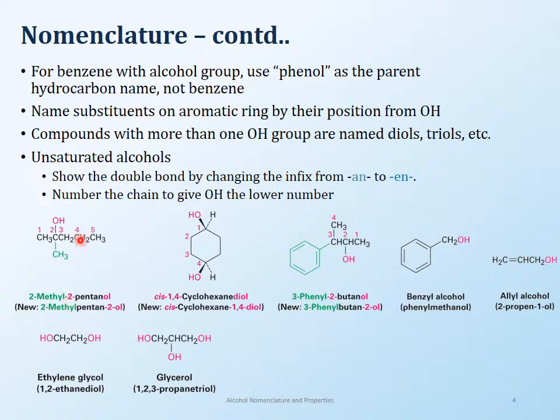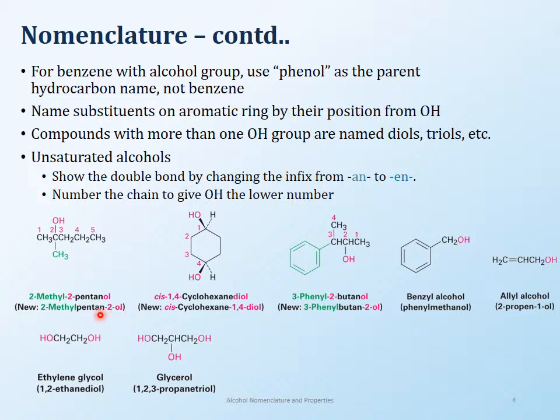So here is another molecule, a small one. It's not too complicated. So we have 1, 2, 3, 4, 5 carbons here. On the second carbon, you have the alcohol and the methyl. So this becomes 2-methyl-2-pentanol. What you will also see here at the bottom is the new nomenclature, in which case you place the locant just before the functional group.